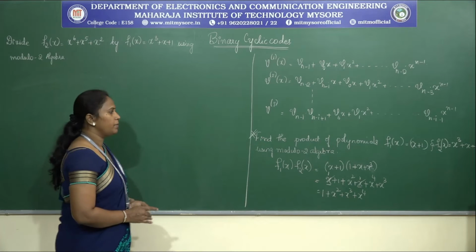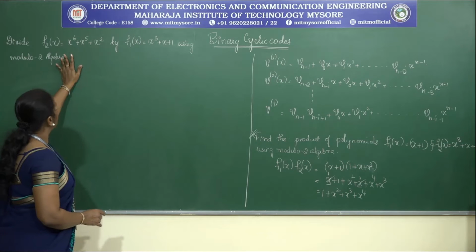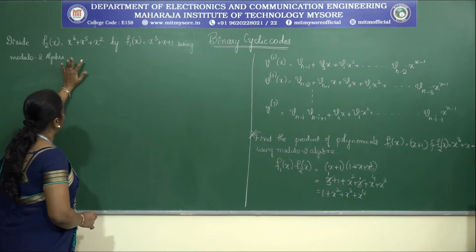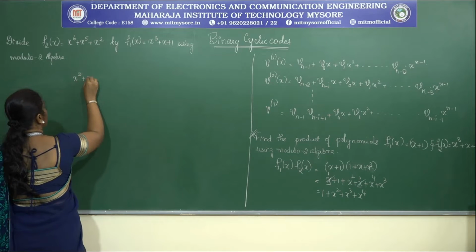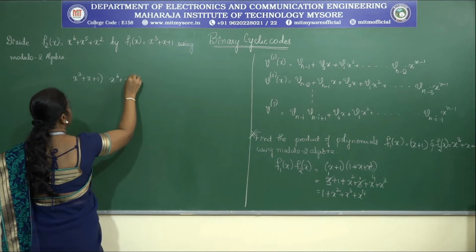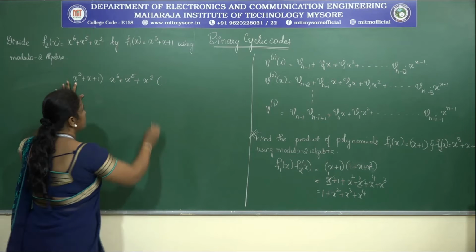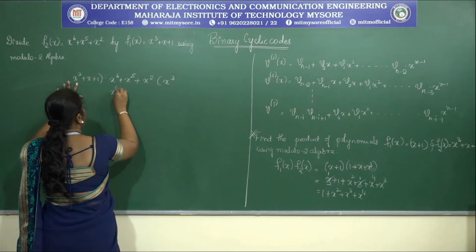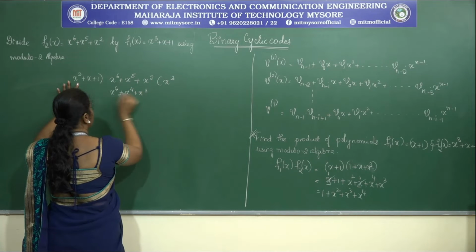We have one more example, where we are going to divide two polynomials: divide f2 of x by f1 of x. So dividing x power 6 plus x power 5 plus x to the power of 2 by x to the power of 3 plus x plus 1, the quotient term will be x power 3. So x power 3 times the divisor gives x power 6 plus x power 4 plus x to the power of 3.